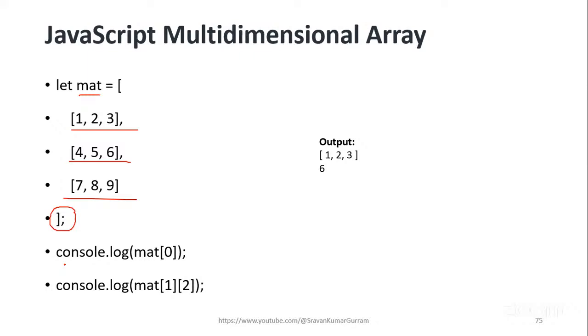Now, see the important point. Console.log mat. This is a matrix. Internally, these are stored like 1, 2, 3, 4, 5, 6, 7, 8, 9. Like this, these values are stored.